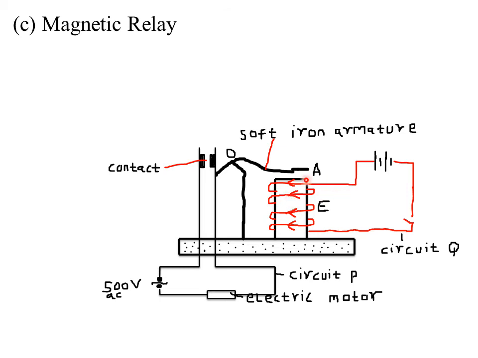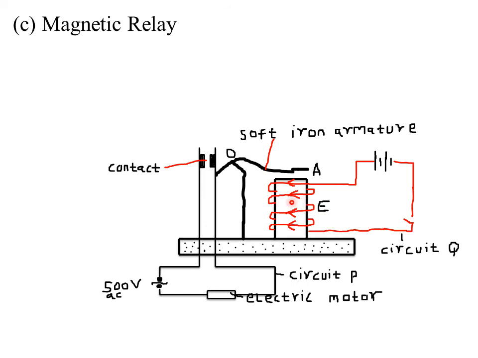Whenever a current flows through a solenoid or a winding that is enclosing a soft iron material, the material becomes magnetized. So when the current flows through this solenoid, E becomes magnetized.